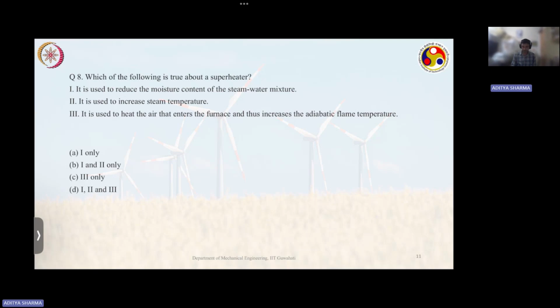A few statements have been given and then options have been provided. The question asks about superheaters. Which of the following is true about a superheater?